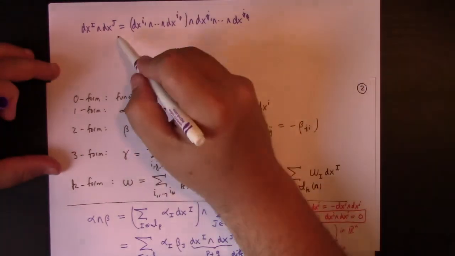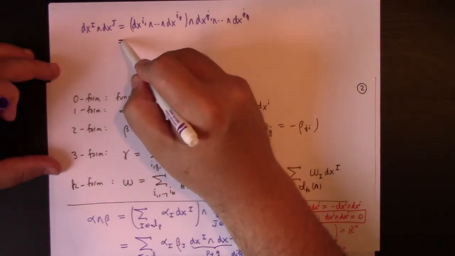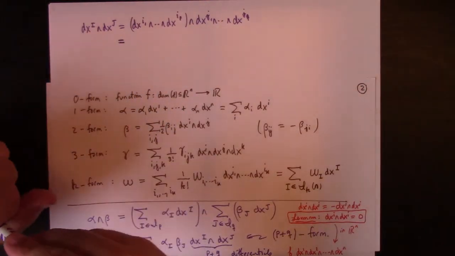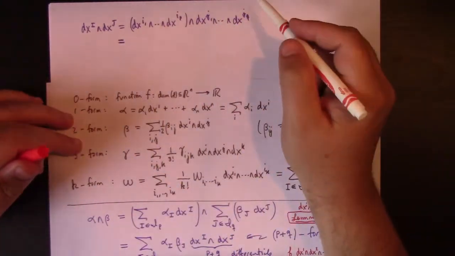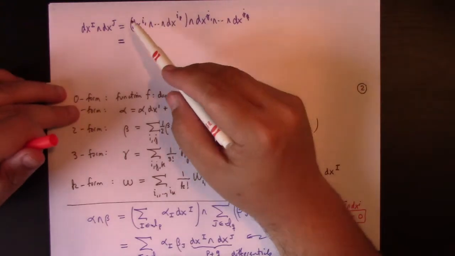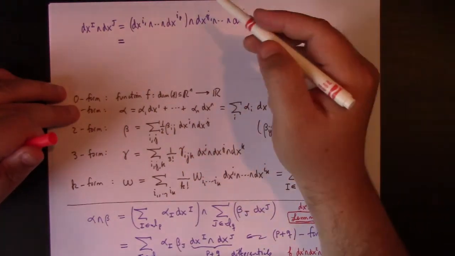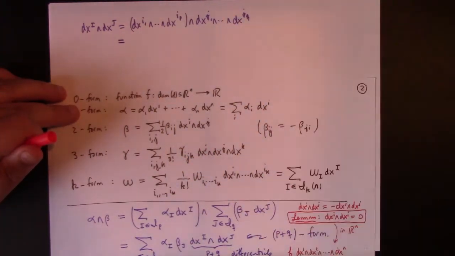And so what I want to think about is what kind of sign I generate from moving the differentials like this one. I want to switch the order of this. I want to put dxi to the right of dxj.